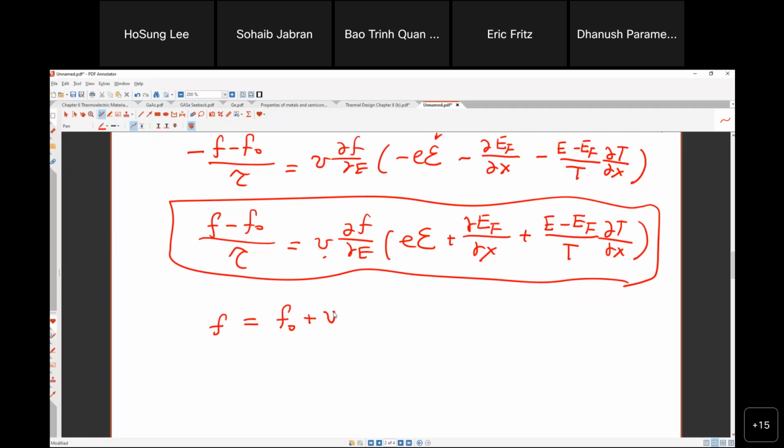and velocity, and relaxation time, and energy, and external energy, Fermi energy gradient plus energy divided by temperature dT/dx.